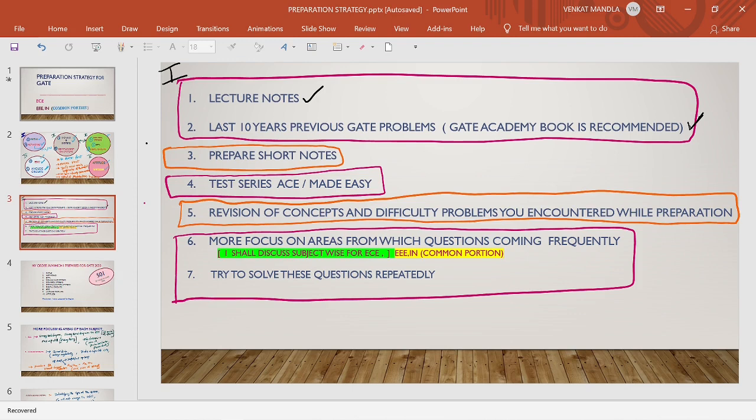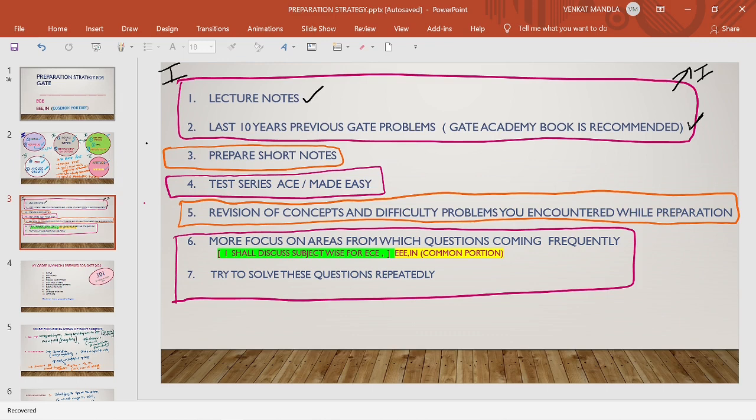After executing this first block for all subjects, lecture notes and previous year GATE problems, do this for all the subjects. After doing this, the next block is to prepare short notes. Don't prepare the short notes while executing the first block.